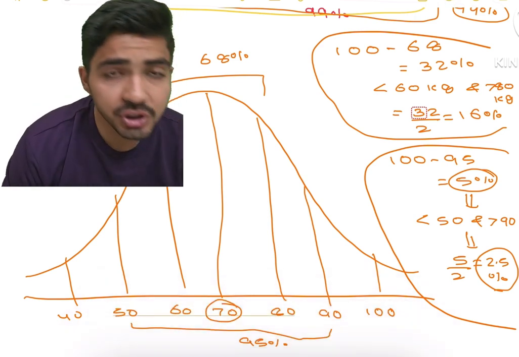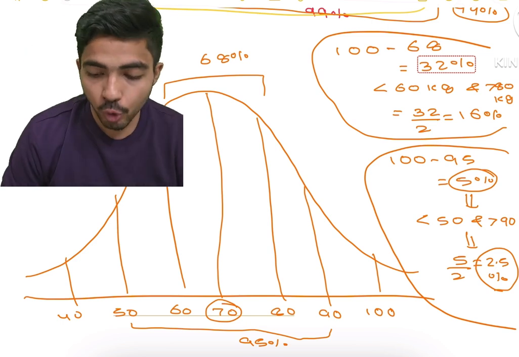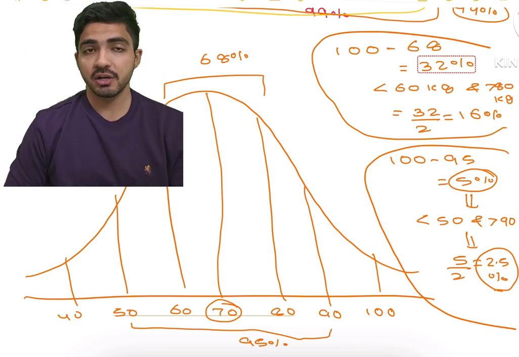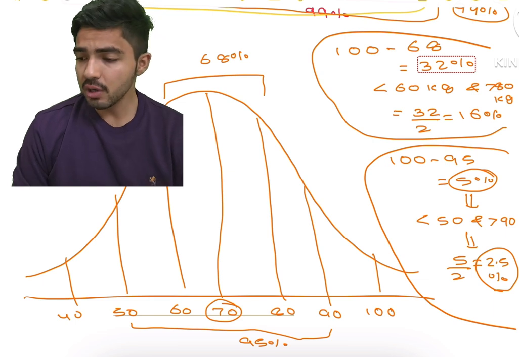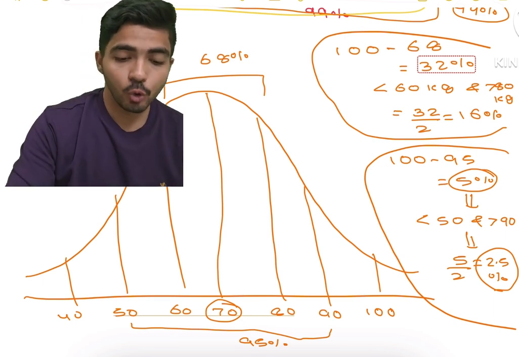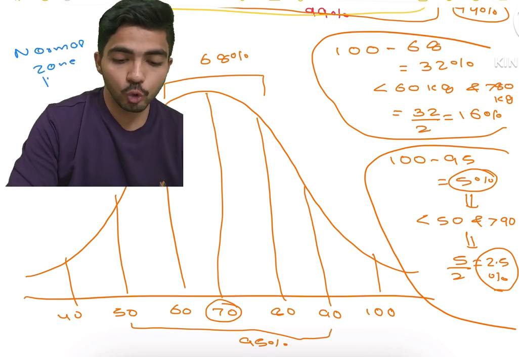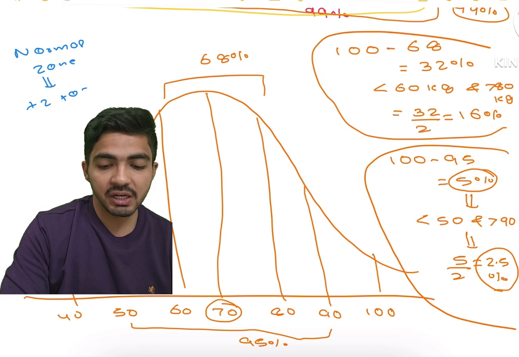So my next question is, what is the normal zone? If I ask you what is the normal weight zone of the student, by a thumb rule, you have to remember that the normal zone is between +2 to -2 standard deviation.